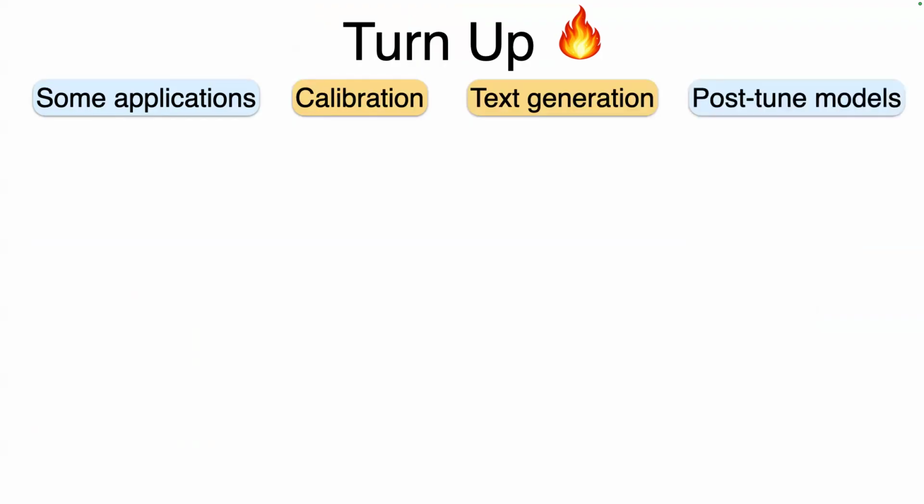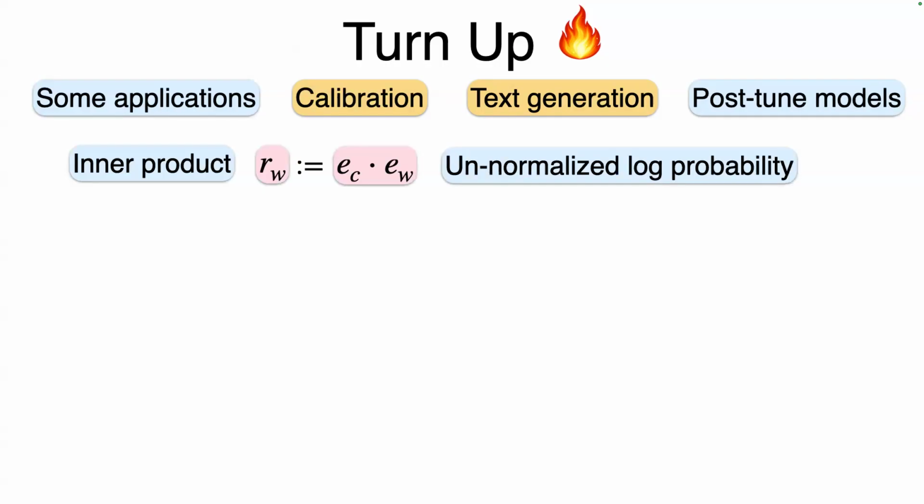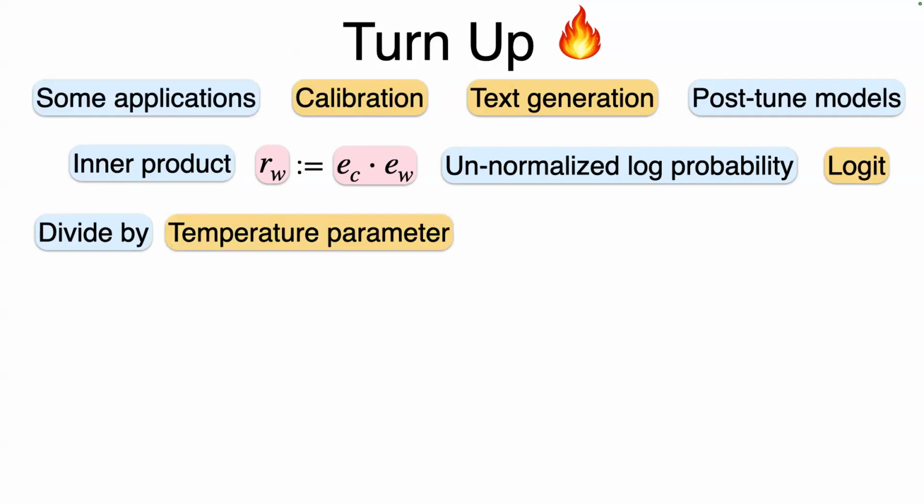Remember that before we took the inner product and calculated RW to be the inner product of the word vector and the context vector. This is the unnormalized log probability; people call it the logit. Then they make this mapping a little richer by dividing it by a temperature parameter, tau.